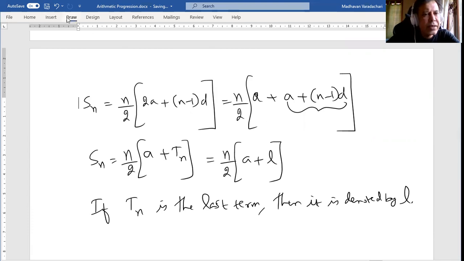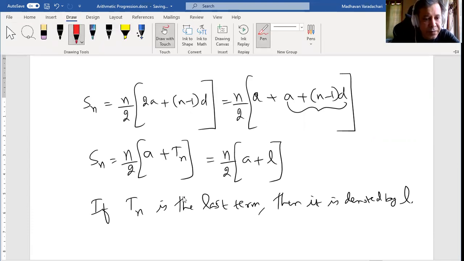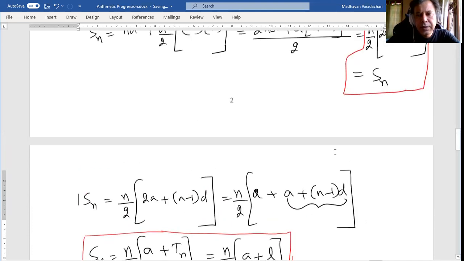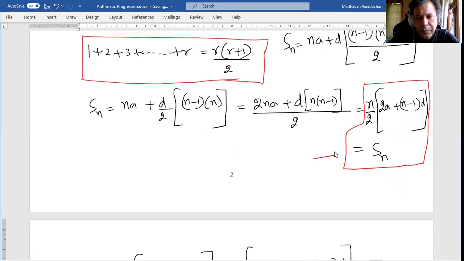So I can consider this as another formula. In case we are aware of the last term, straight away we can substitute in this formula rather than doing the first one. This is one formula. This is another formula.